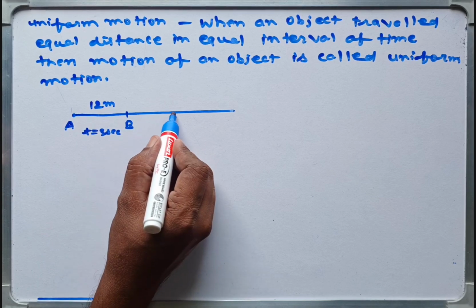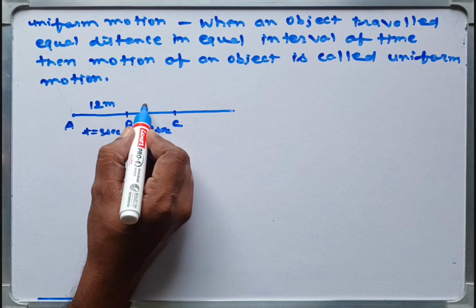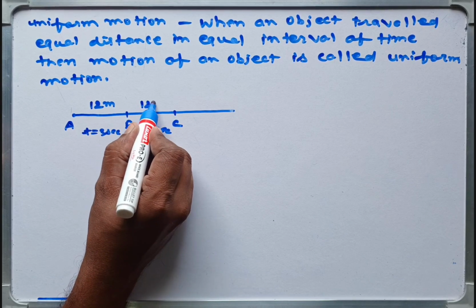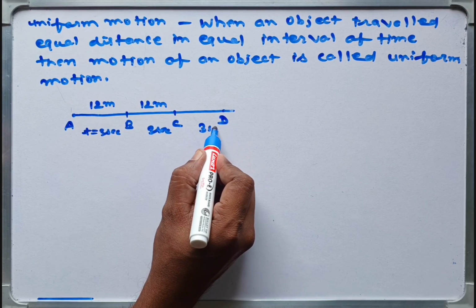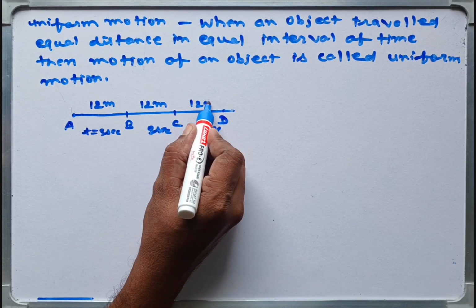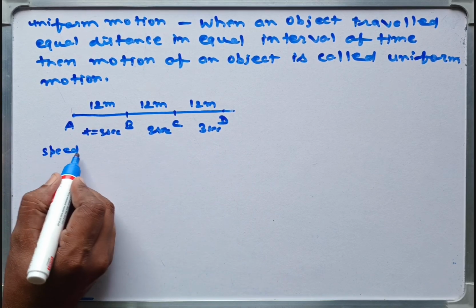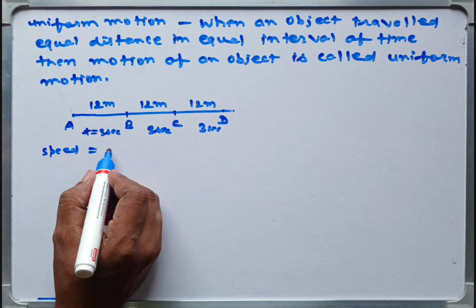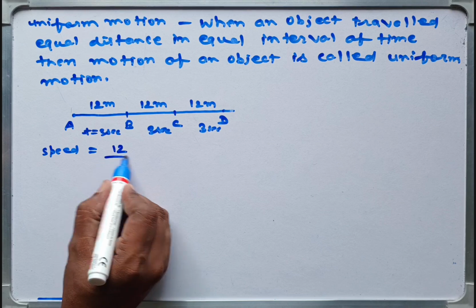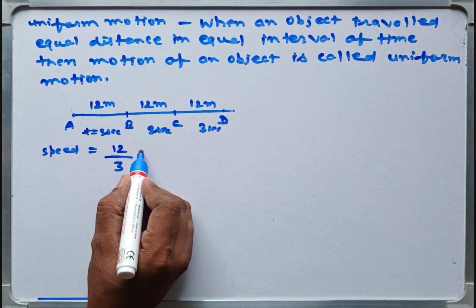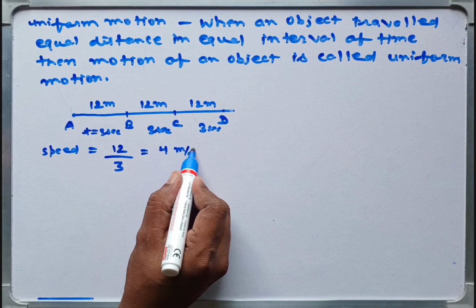Okay, and B to C, here again 3 seconds, this is 12 meter, and again C to D in 3 seconds, so this is also 12 meter. So what you see here, speed equals distance covered by the particle, 12, and the time elapsed is 3, so it will give you the speed, which is 4 meter per second.